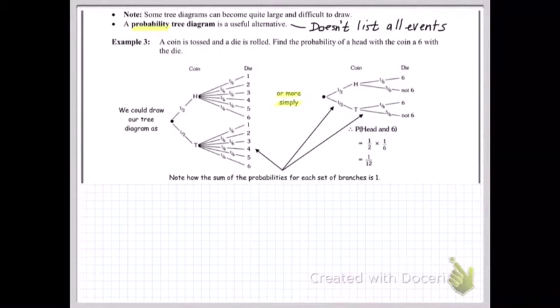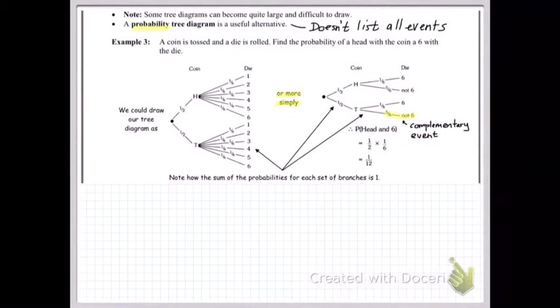We can't really simplify the tossing of the coin. There's exactly half a chance of getting a head or half a chance of getting a tail. But if we're only interested in finding the probability of getting a 6 on the die, then we can use the idea of complementary events.